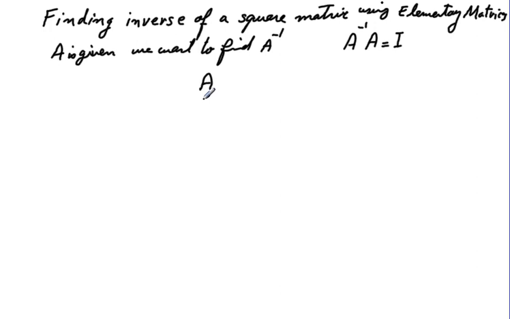Elementary operations are either exchange of rows, multiplying a row by a number, or adding a multiple of a row to another row. So we judiciously choose these and apply them. We might have some operation, let's call it operation number 1. It could be any of these 3 operations. We carry that out, then we carry another one, and then another one.